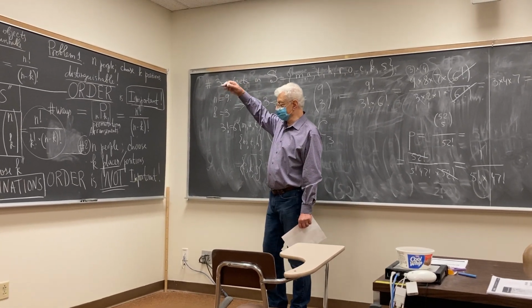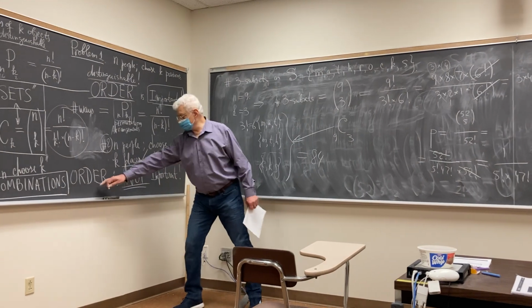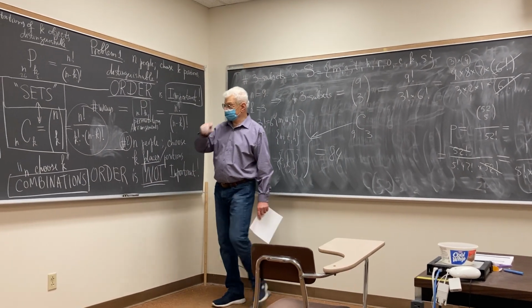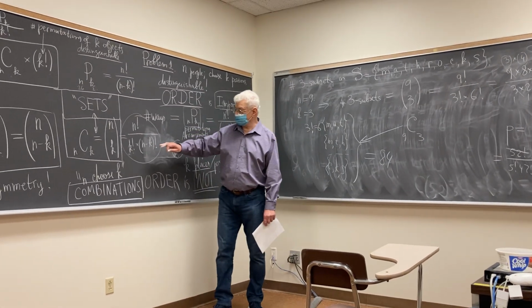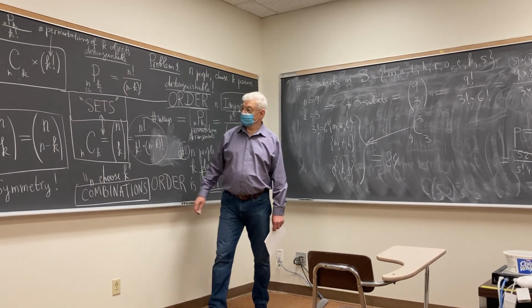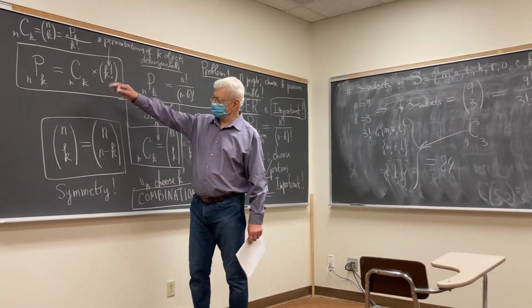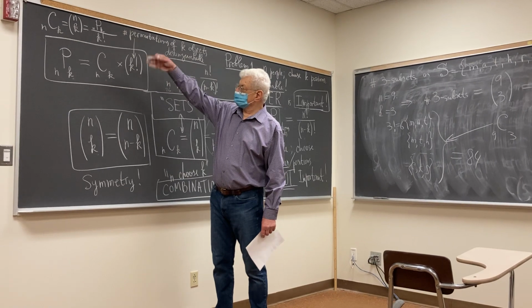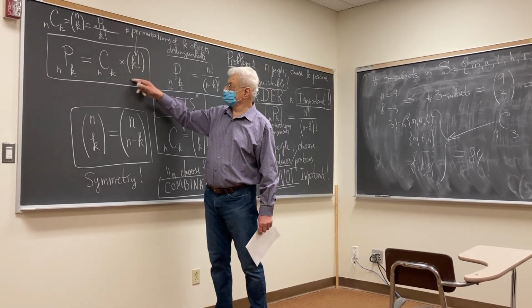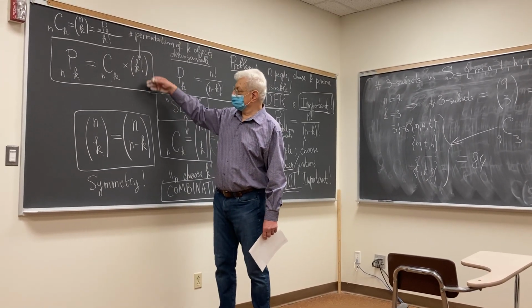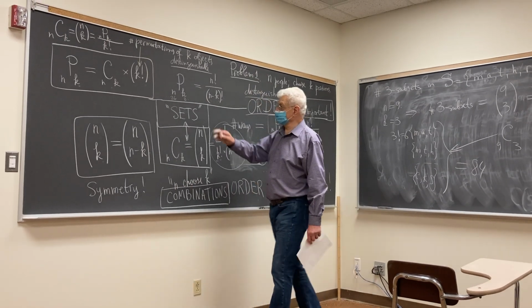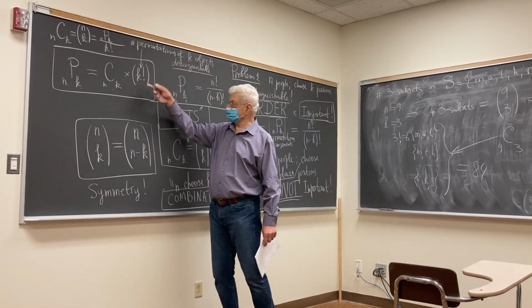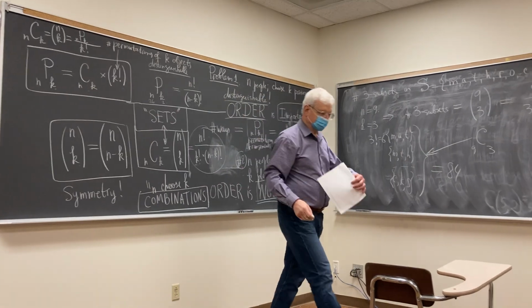Sets means no order; order is not important. That's why you divide by k factorial and (n minus k) factorial. But for permutations, order is important. So if you consider the order, you have to multiply by the number of orders, which is k factorial.